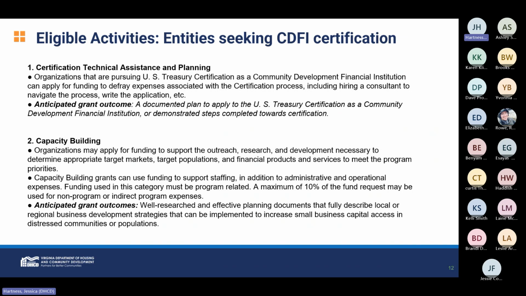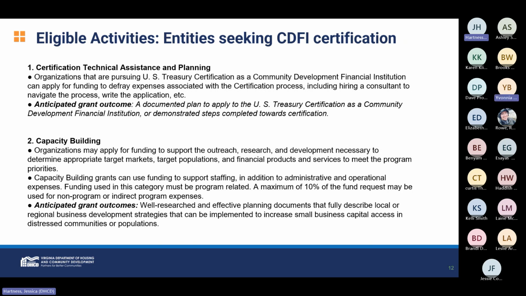Entities seeking CDFI certification can also apply for funding for capacity building. That would mean funding to support outreach, research, and development necessary to determine their appropriate target markets, target populations, or certain financial products and services that would meet the program's priorities. You can use capacity building grant funding to support staffing in addition to administrative and operational expenses. However, funding in the capacity building category should be program related.